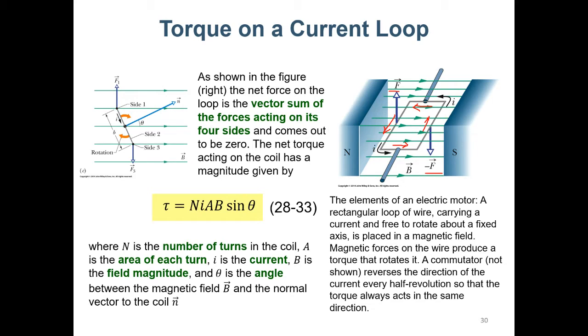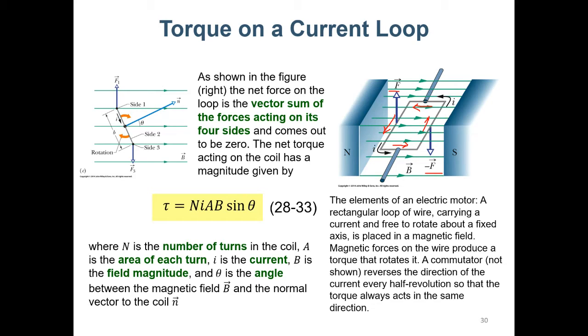So the force acting on this side is 0, and the same for this one. So we only have two forces acting, one on the left side and one on the right side, pointing in opposite directions, but they do not cancel each other because they are not acting on the same line.